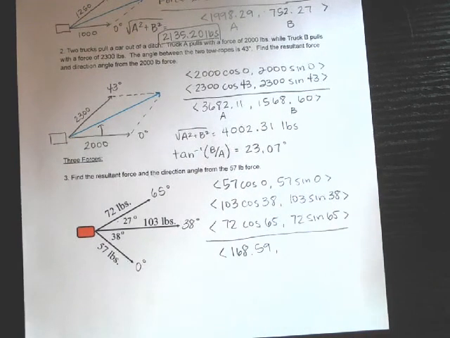And then that one I got an answer of 168.59. And then I'm going to do the same thing for the next one, but it's going to be with sine. There's a lot of pieces here, so make sure you're typing them in correctly.